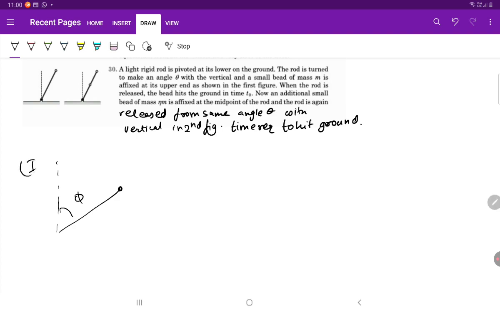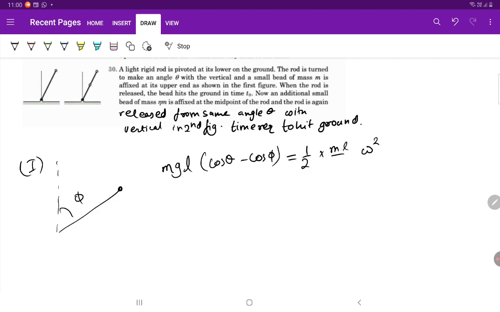So in the first case, work done will be mgl(cos theta minus cos phi) equals half m l square omega square.